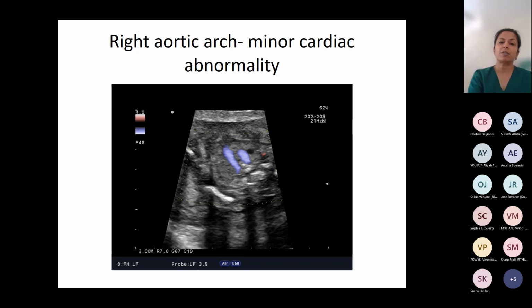Having said that, sometimes it can be associated. So this is the dilemma of fetal medicine: when you find this problem, very good prognosis, most of the time it is not going to cause any antenatal or even postnatal consequence, and it can be seen in normal babies. But with right aortic arch, about 5% of these babies would have 22q deletion, so DiGeorge syndrome, because of which there is relevance to it.